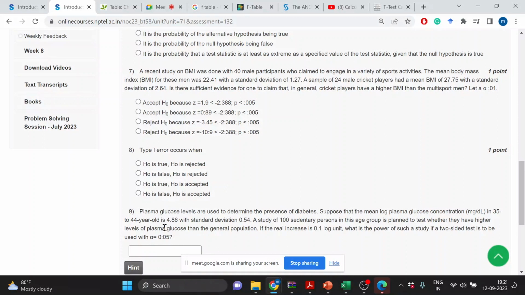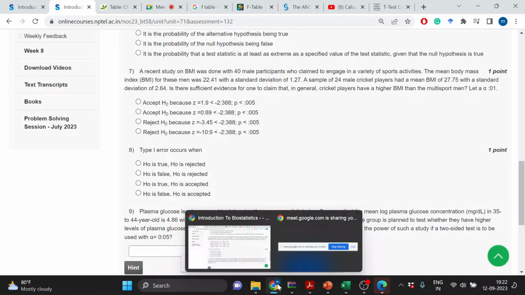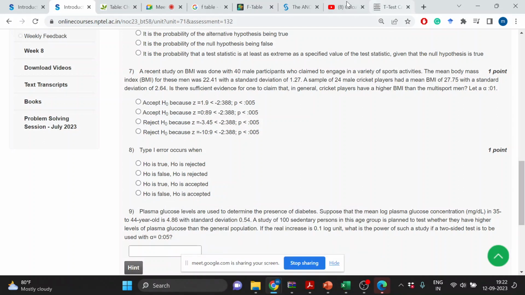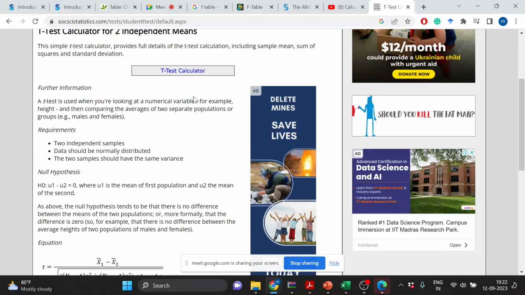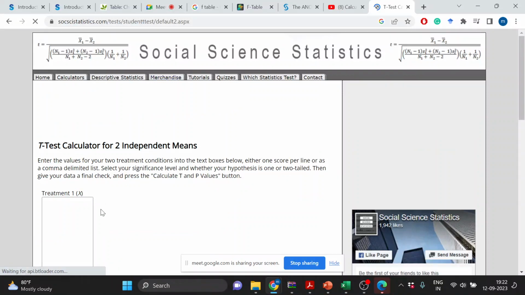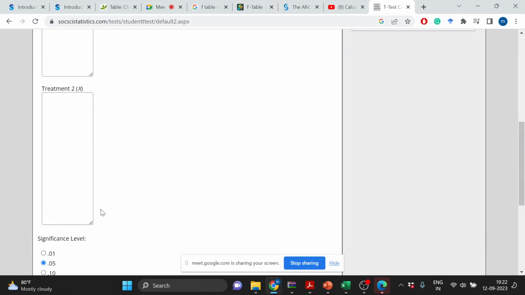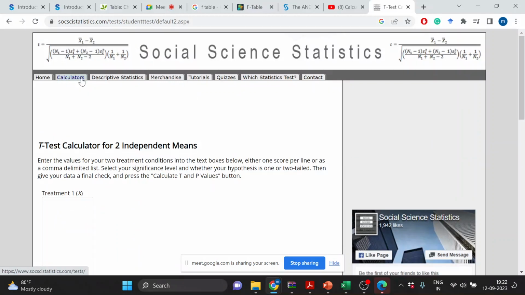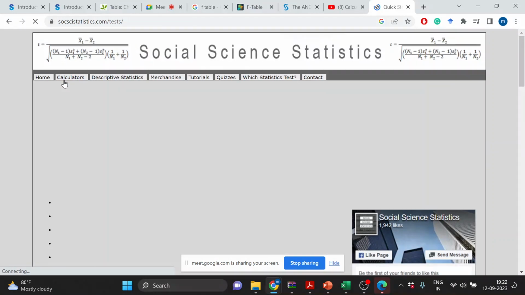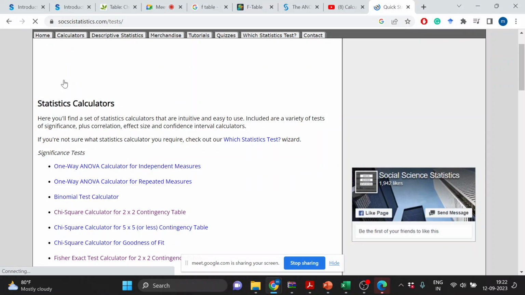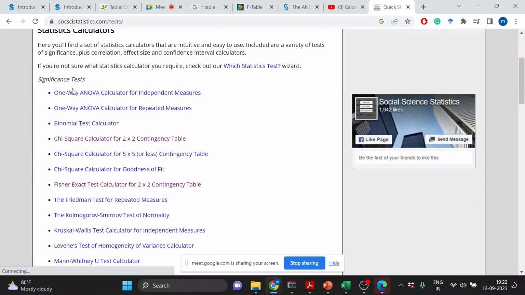Now what I have to do is do this t-test. I can just click the mean.